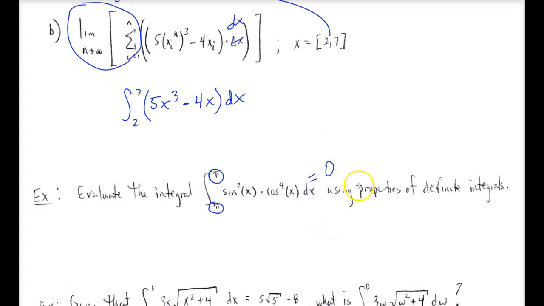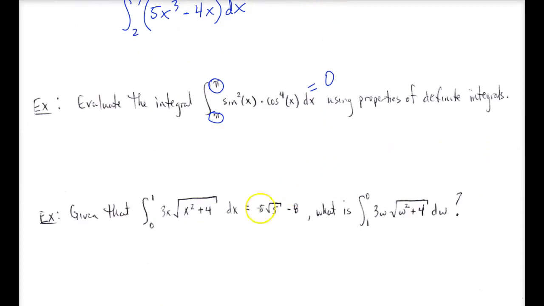So the answer to that would be 0. And for this problem, we see that if we have some integral from 0 to 1 of some function 3x times square root of x squared plus 4 dx is equal to this irrational value, then we want to know what this particular integral is going to be.